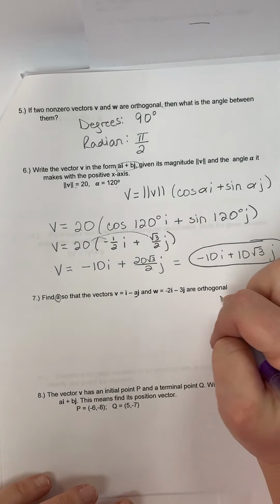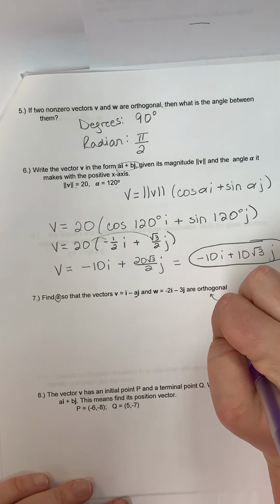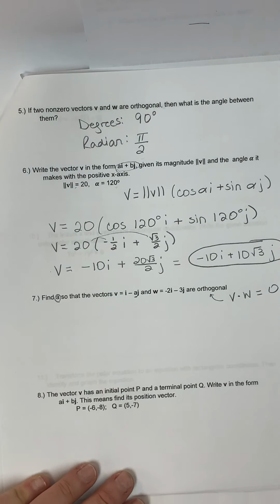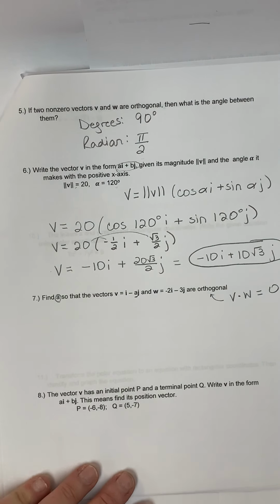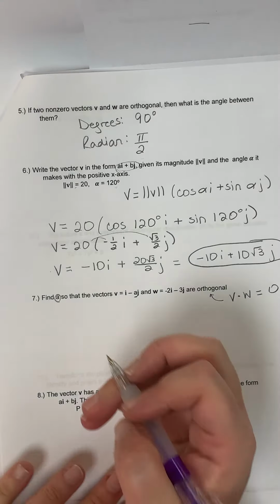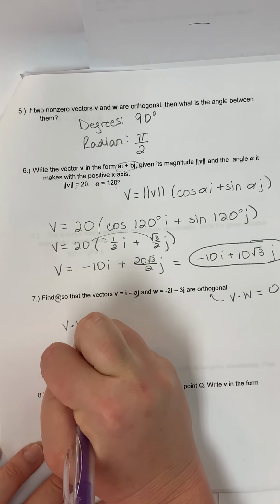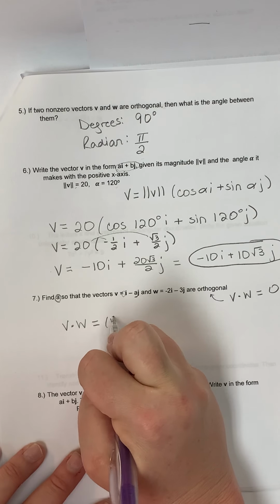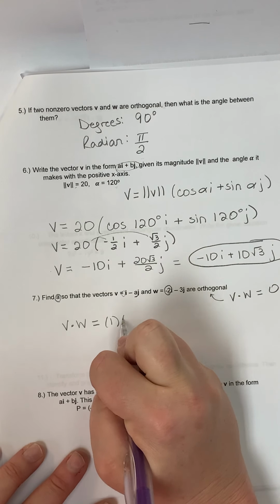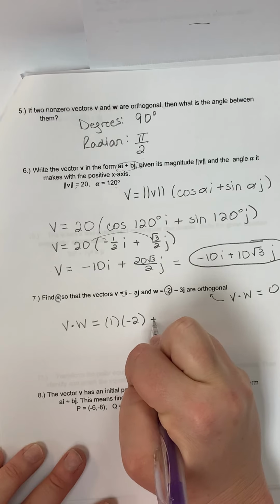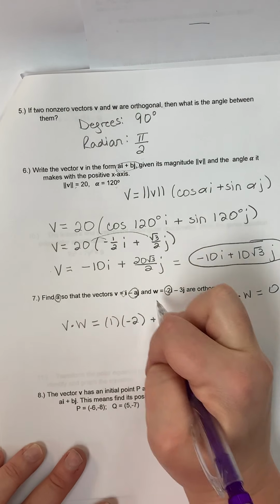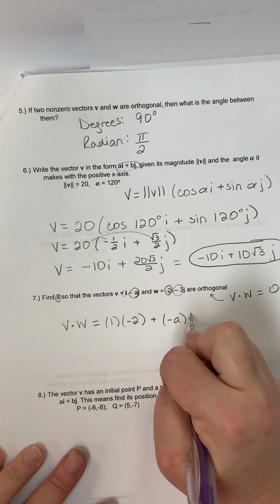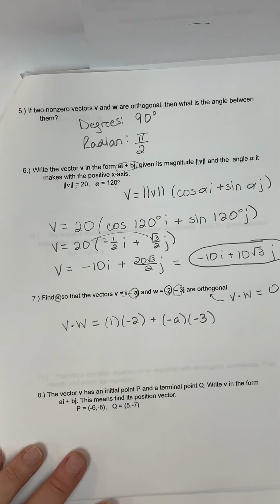All right, number 7 says find A, here's A, so that the vectors v and w are orthogonal. Okay, so remember what orthogonal means. That means the dot product of them is equal to 0. Okay, so if I'm looking for A, then what I'm going to do is find the dot product. So it's going to be this first component, which is 1, times this first component, which is negative 2, plus the second component, which is negative A, times the other second component, which is negative 3.